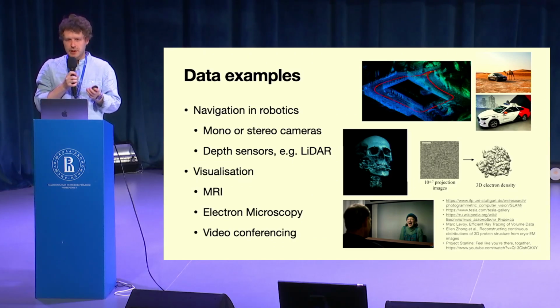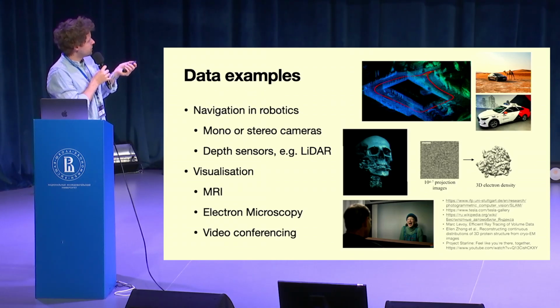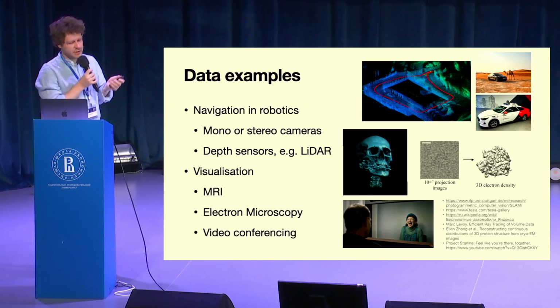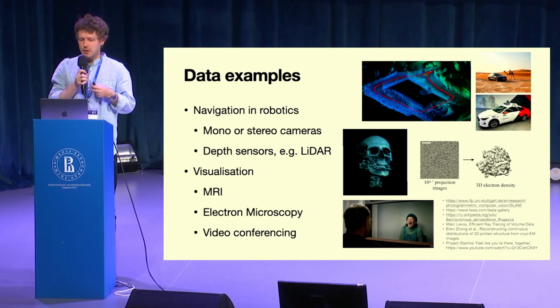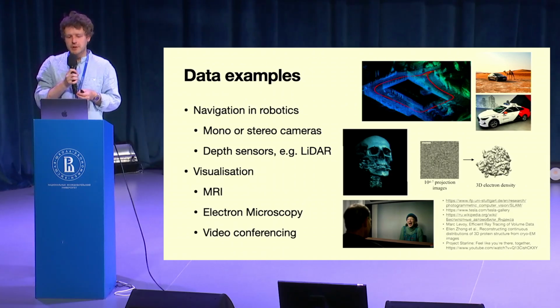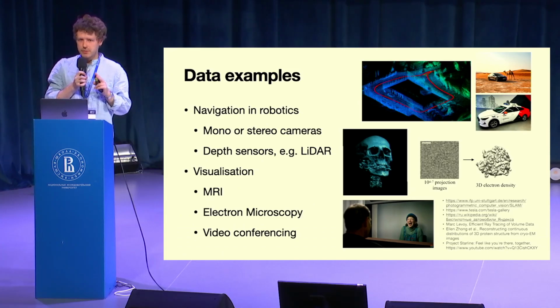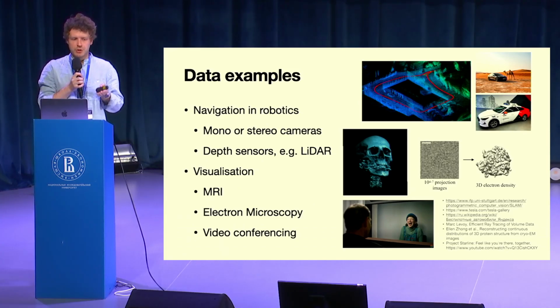On this slide, I have several examples. The pictures I show represent data that comes, for example, from driverless cars. From driverless cars, we can obtain two kinds of data. For example, data from cameras, which is cheap, but it's hard to estimate depth and reconstruct a scene. So usually you don't use only one camera.